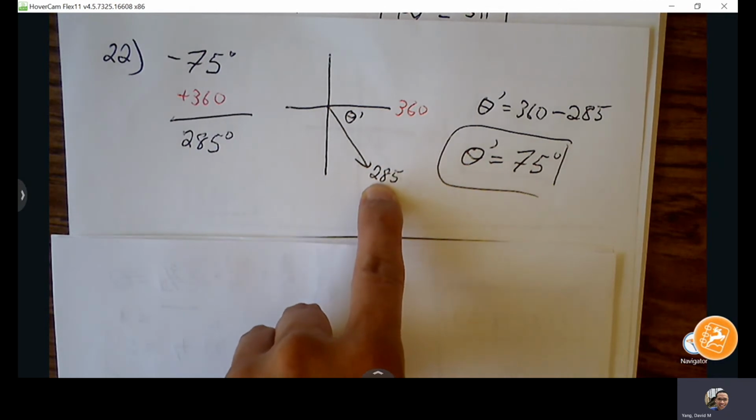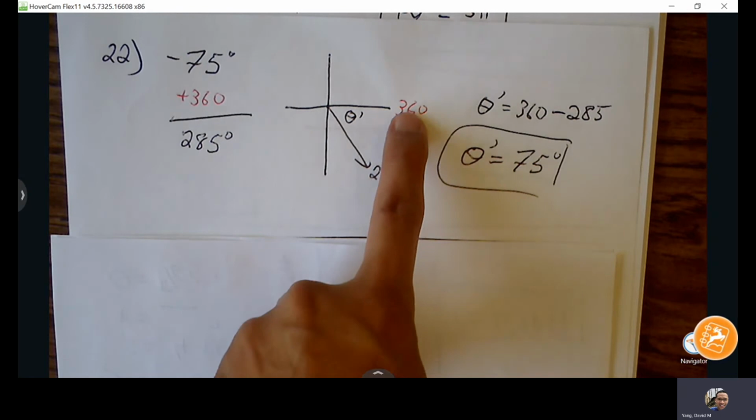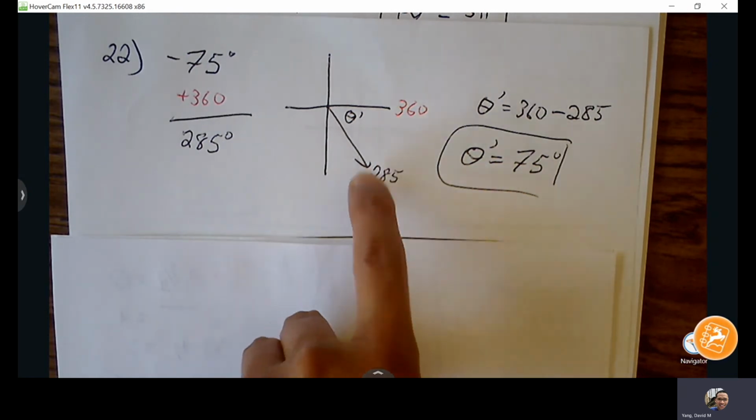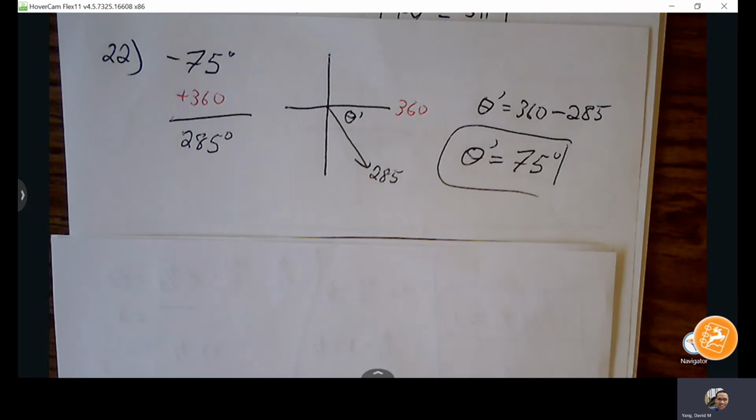So once you can put it in the correct quadrant, you'll know what number to involve. Got to involve 360 there. 360 minus 285, 75 degrees. Double check, your reference angle has to be a positive number, which it is. It's also between 0 and 90, which it is. We started with degree measure, so you'll represent your reference angle in degree measure as well. All right, try 24 if you haven't done that already.